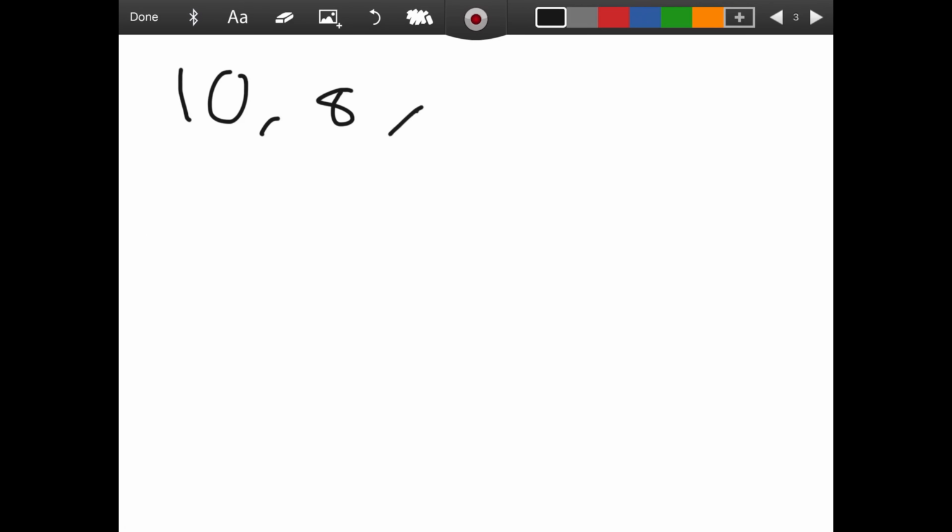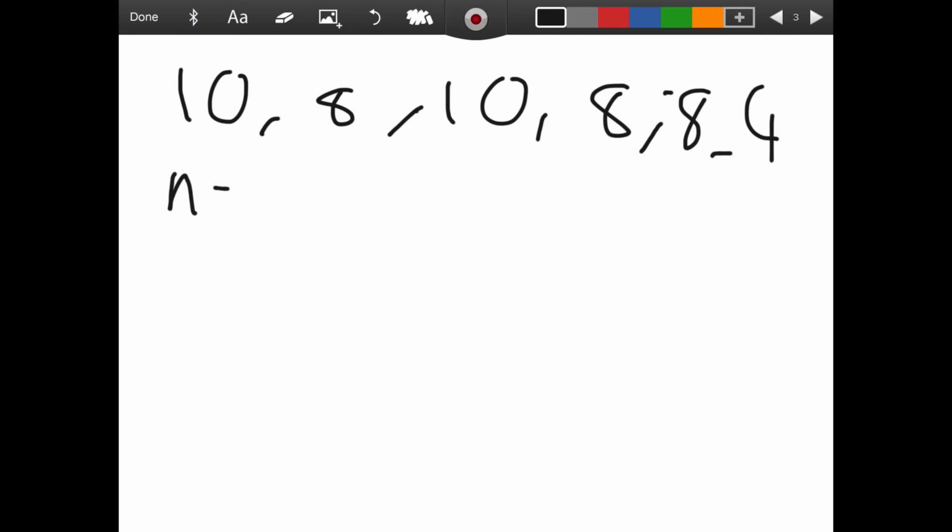Okay, so let's start drawing our sequence. We have 10, 8, 10, 8, 8, 4. So now we know that n equals 6.